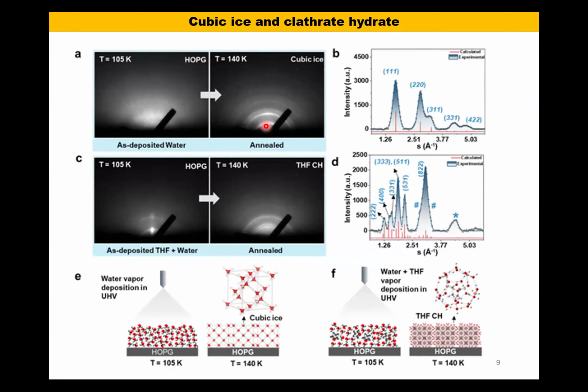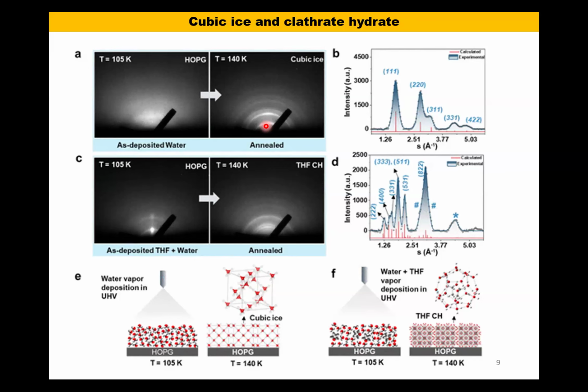I understand that these are extremely low temperatures, but when you compare 105 Kelvin and 140 Kelvin, you see that there is structure in the ice at 140 Kelvin as you're annealing from 105 to 140. Can you explain what is happening?